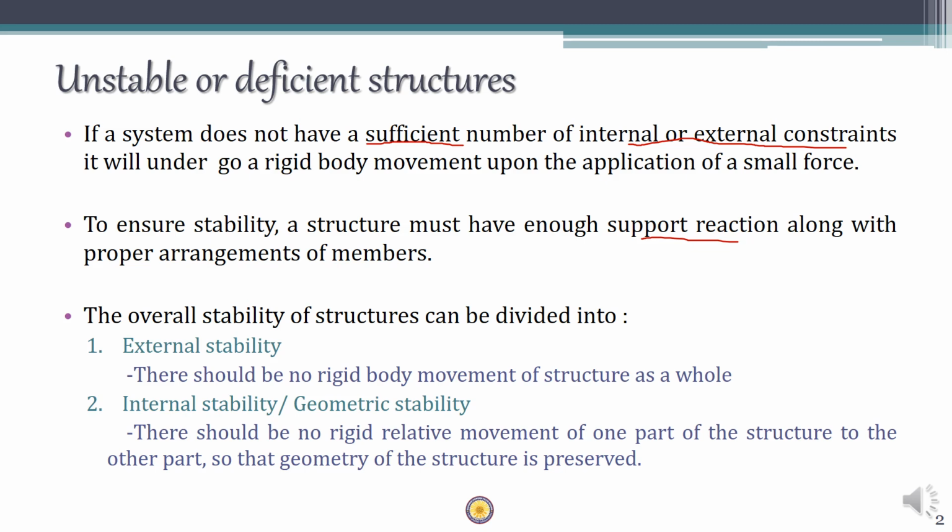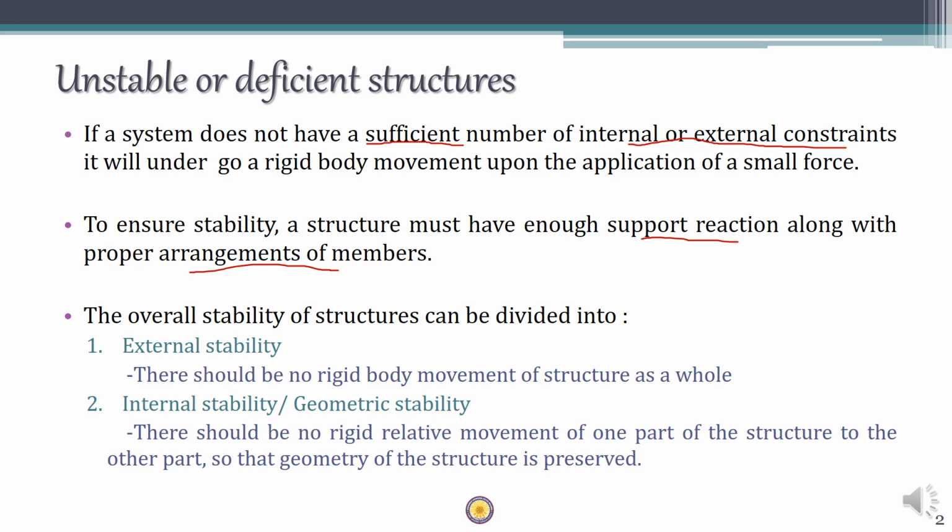proper arrangement of members. The overall stability of a structure can be divided into two types: external stability and internal stability. A structure is said to be externally stable if there is no rigid body movement of the structure as a whole.